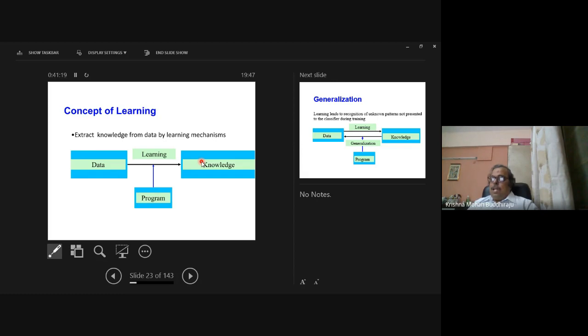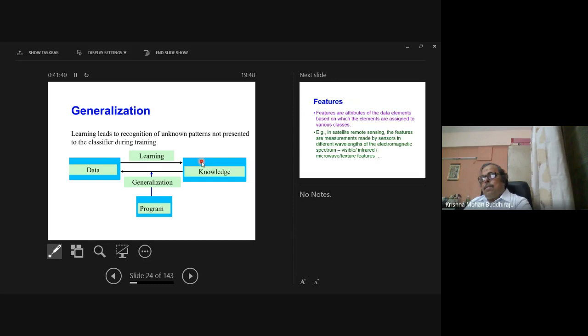So the underlying process is that a classifier has to learn the relationship between the input data and the target classes, or the knowledge. So how does the learning happen?